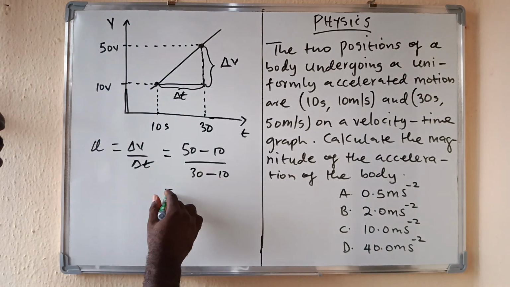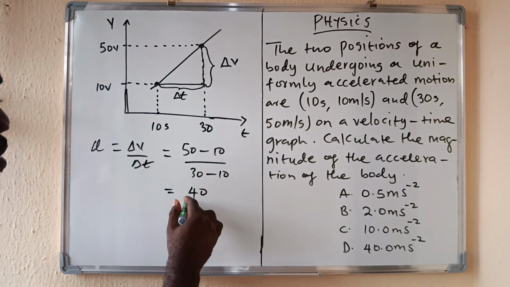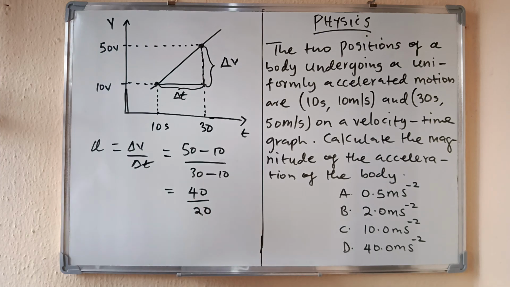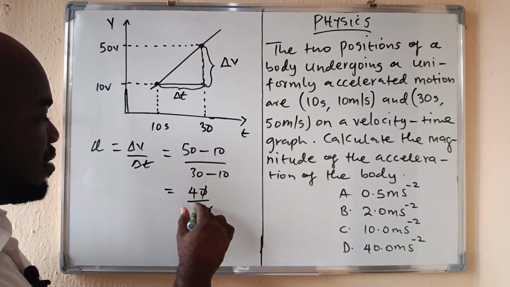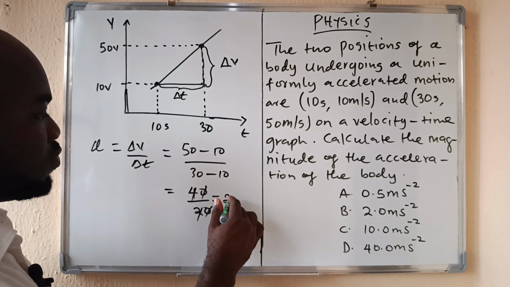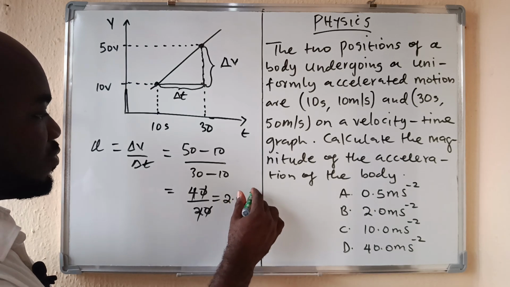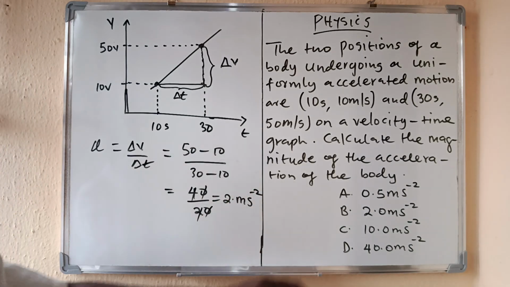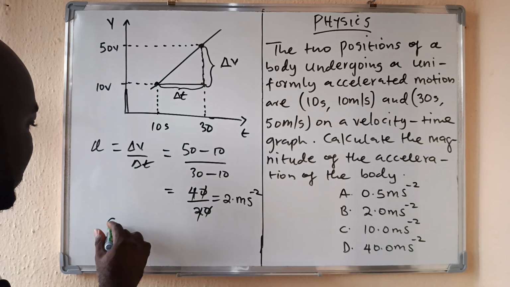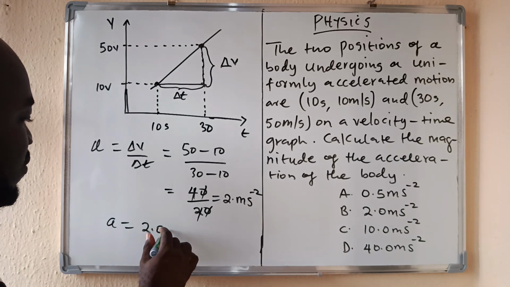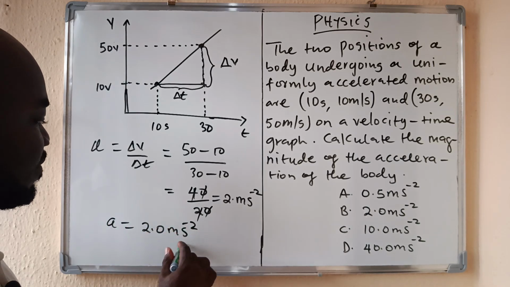And this is going to give us 40 over 20. If we divide this, I'm going to have 2 meters per second squared. So the magnitude of acceleration of the body A is 2.0 meters per second squared.